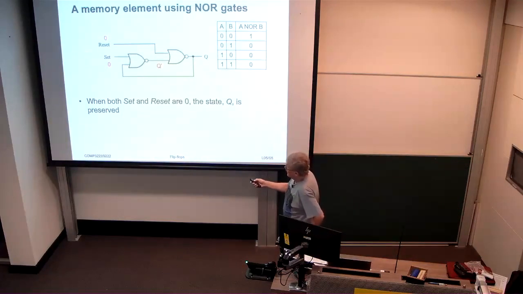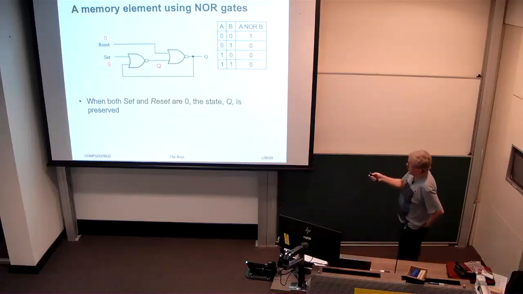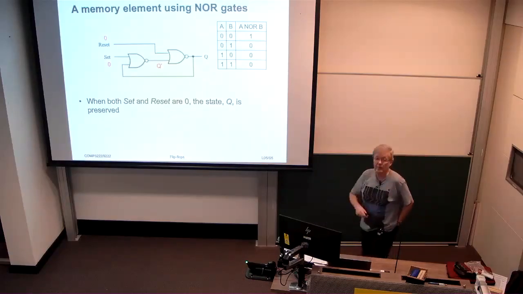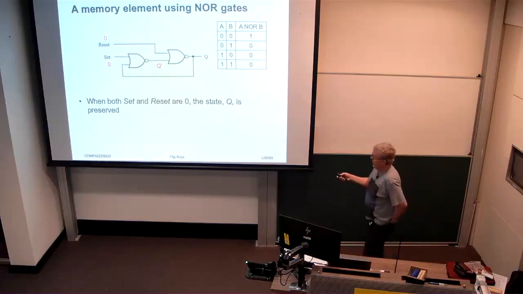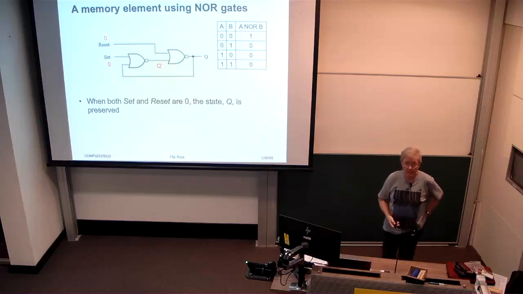In this case, consider the situation where both the set and reset inputs are 0. So we're operating in this part of the truth table up the top here. And that means that the output of each of these NOR gates is the complement of the other input. So if the wire coming out of this NOR gate here has the value Q, then this NOR gate here that's attached to the set line is going to output the complement of Q, or not Q, right?